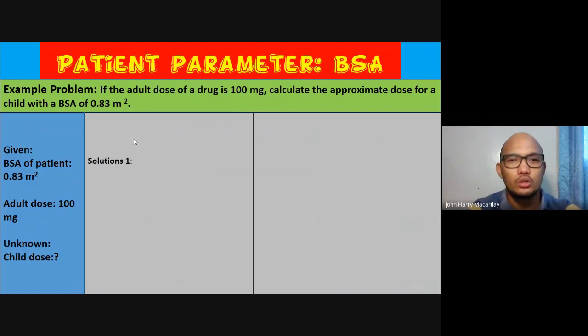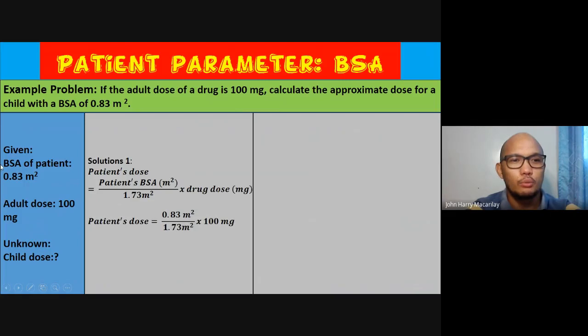For the solution, the first is the reference formula, wherein we use patient's dose equals patient's BSA in meters squared over 1.73 meters squared times drug dose in milligrams. Substitute our given into the formula: 0.83 is the BSA and the adult dose is 100 milligrams.